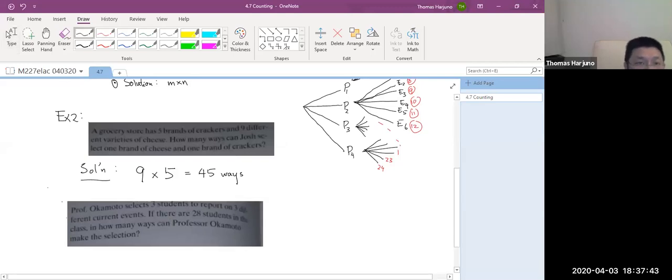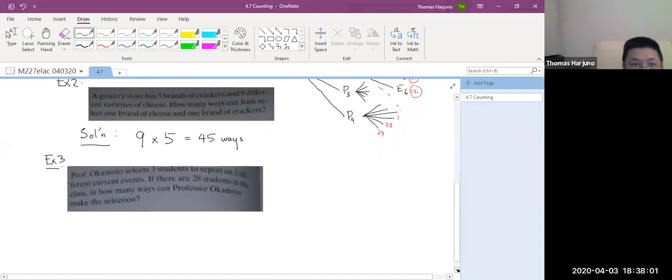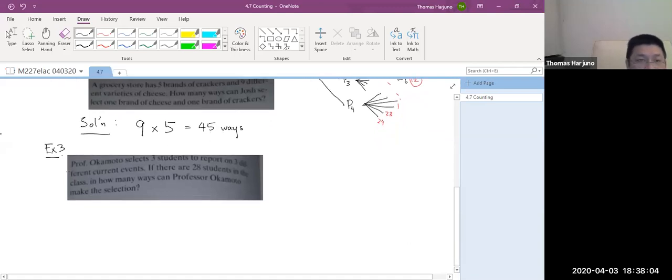Example 3. Professor Okamoto selects 3 students to report on 3 different current events. If there are 28 students in the class, how many ways can Professor Okamoto make the selection? Now let's see. Solution. So the first choice.